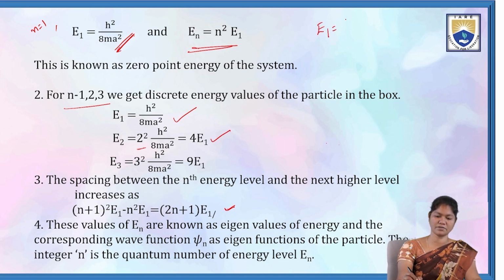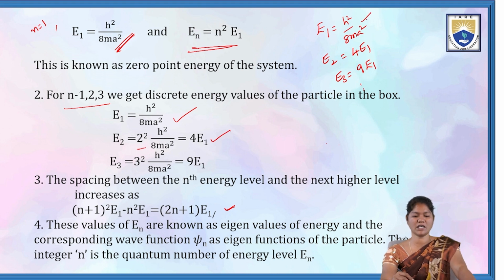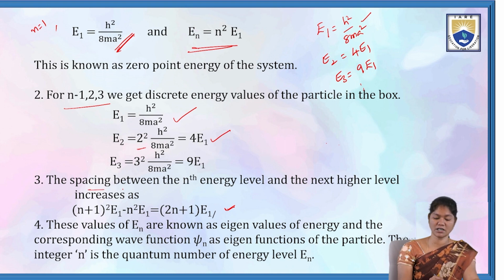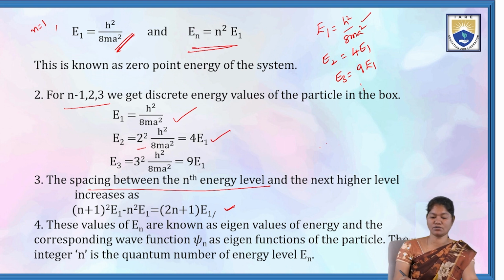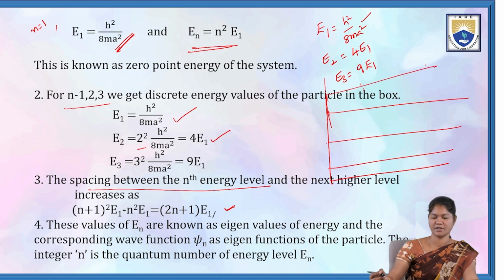So E1 is equal to h square by 8ma square, E2 is equal to 4E1, E3 is equal to 9E1. So likewise it is going. Here h square by 8ma square is E1, so 4E1, 9E1. This means that the spacing between the nth energy level and the next higher energy level increases. So how is it increased?